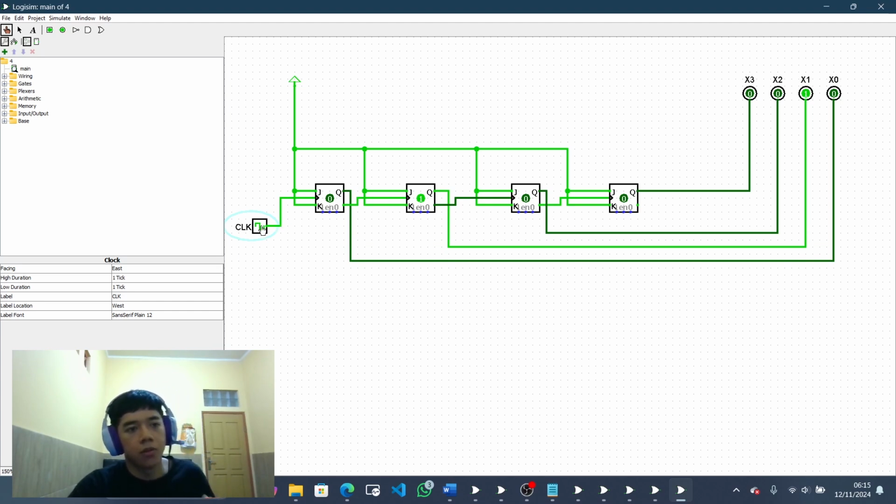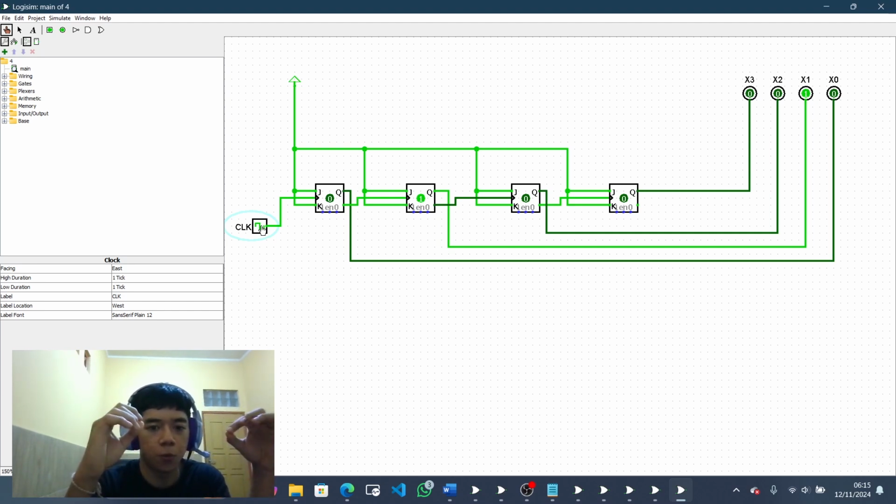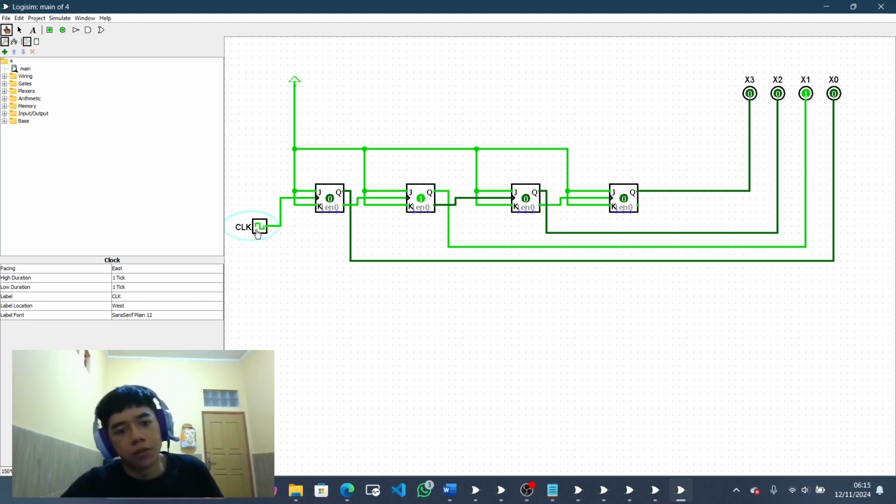So when it's up, it counts as 1, down, and then up again. So there are 2 downs and 2 ups when this happens, when the Q prime is 1 here. So it happens basically when the clock is cycling twice.